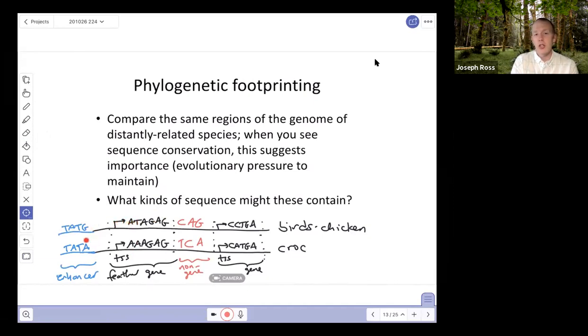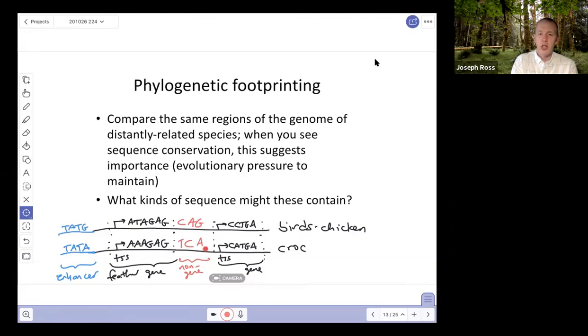And this mutation in an enhancer might explain, in this hypothetical situation, why the feather gene is not transcribed in crocodiles that don't have feathers, because of this mutation in a regulatory sequence. But notice that most of the regulatory sequence is conserved.